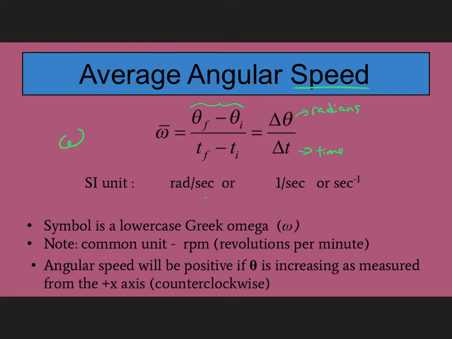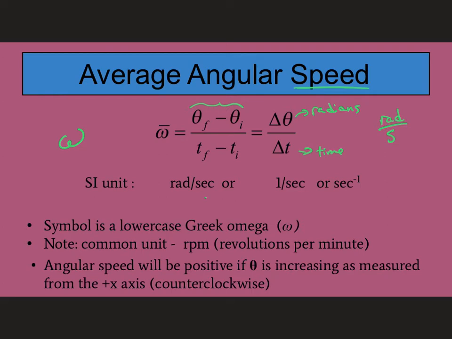Here we have change in angle over change in time. So same thing, slightly different quantities. This gives us our speed in radians per second.